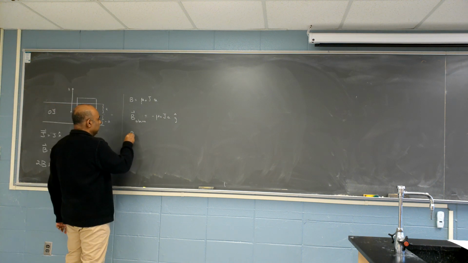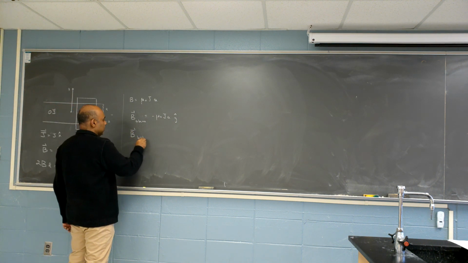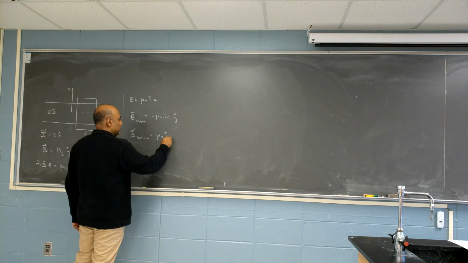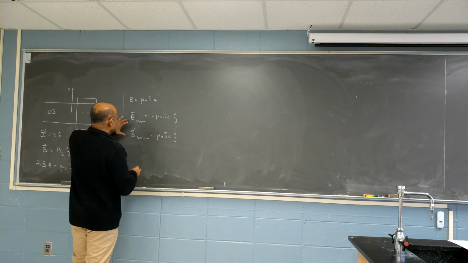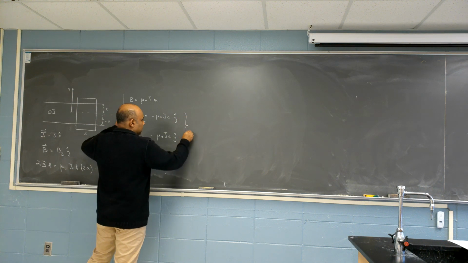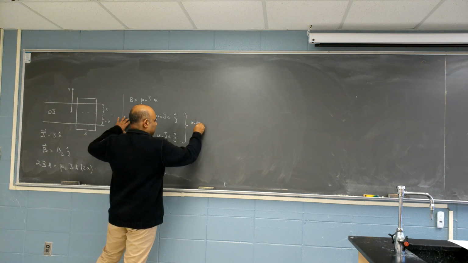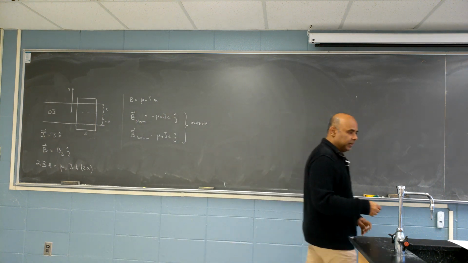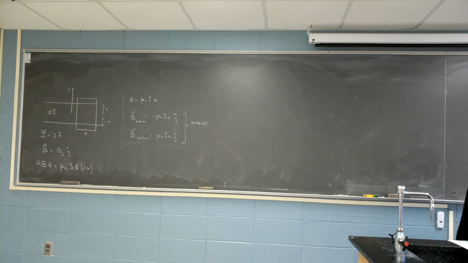And B below, this is outside. For inside, you just pick a loop that is both inside and outside.